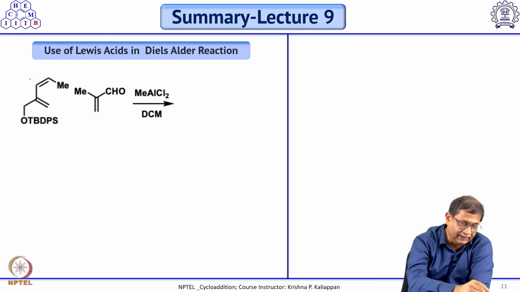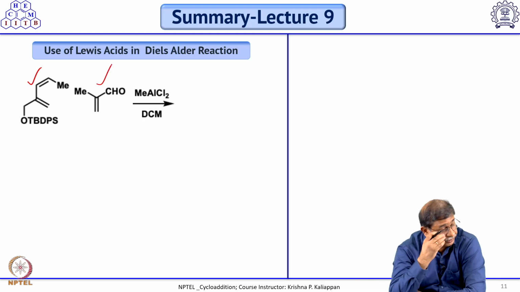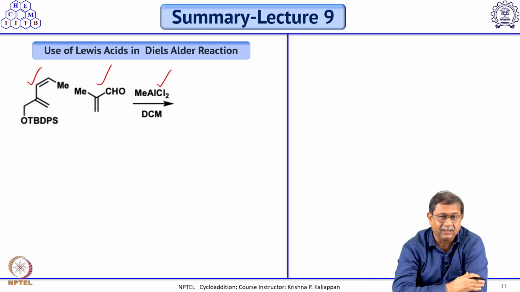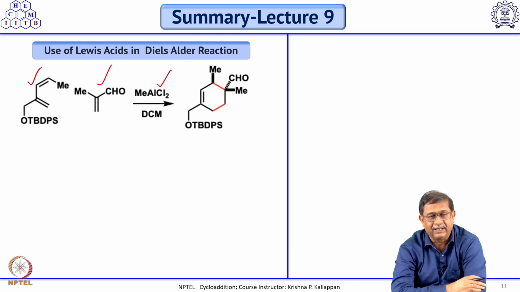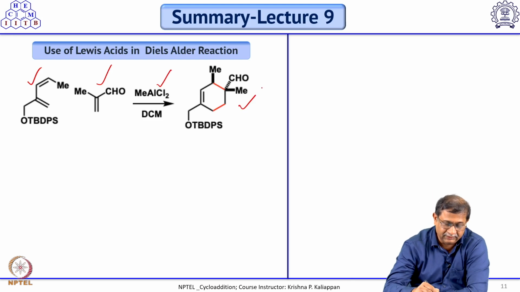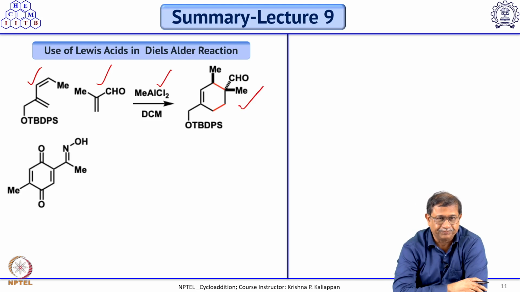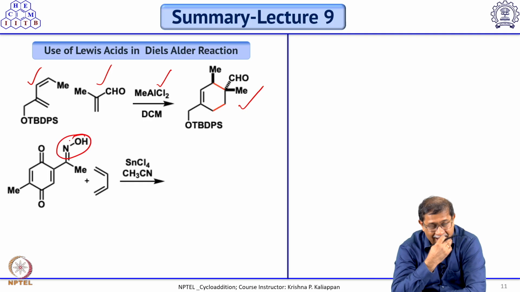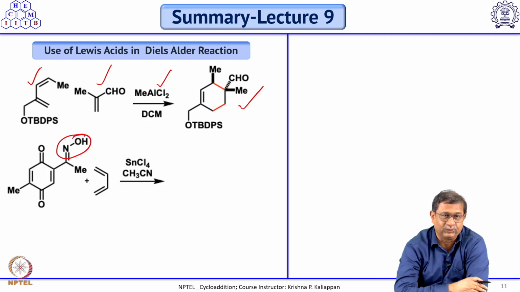So for example, you can take a diene and then treat with a substituted acrolein and, with the use of a Lewis acid like methyl aluminum chloride, you can do this reaction at 0 degrees to get this substituted cyclohexene. And in this particular example, the use of oxime and Lewis acid actually changes the regiochemical outcome.